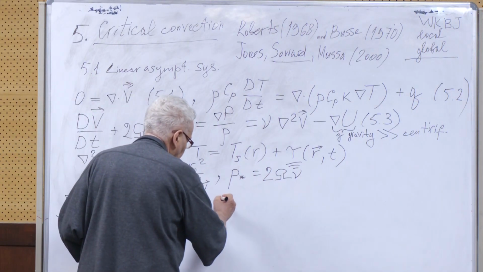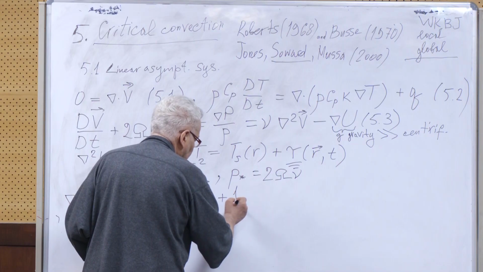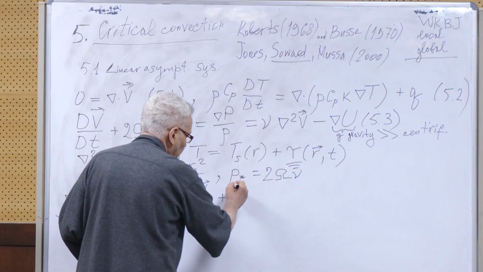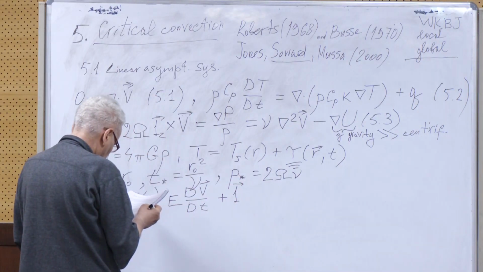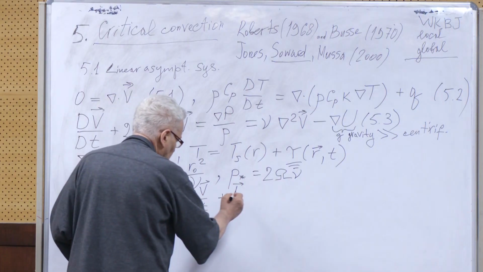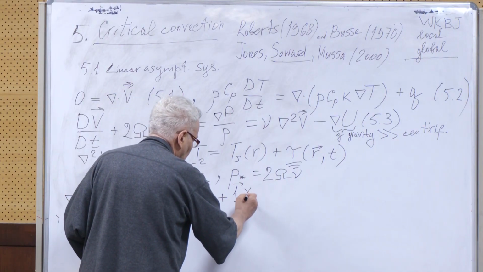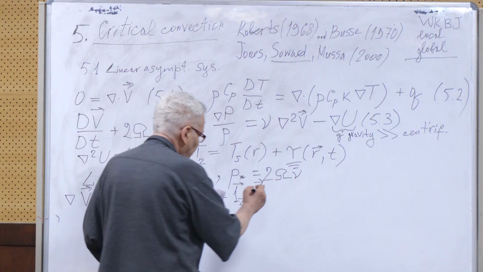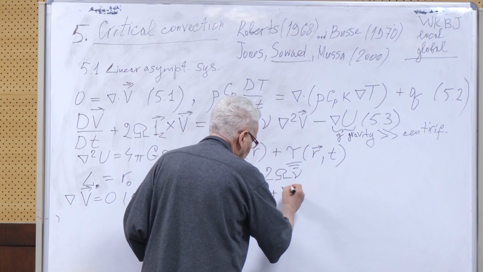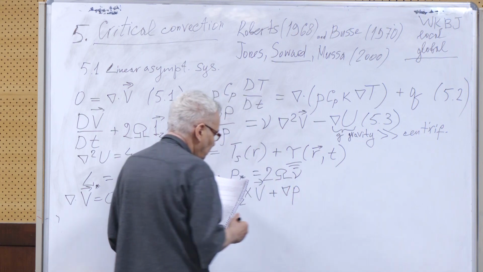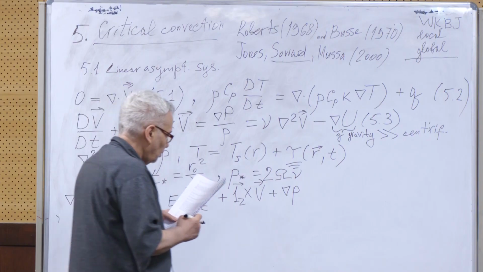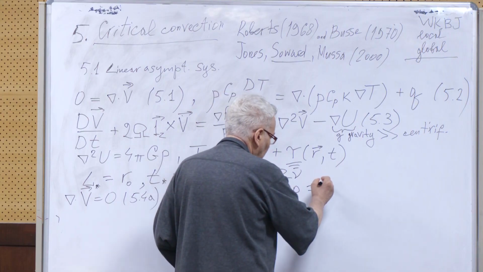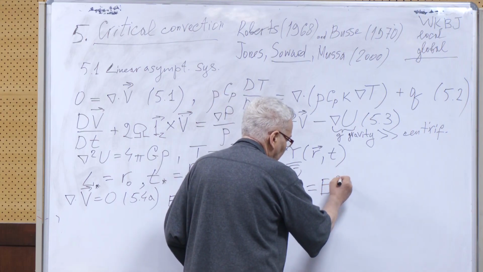There is, of course, the Coriolis term, and because we scaled out omega from this equation, it has a rather simple form. And of course, there is the pressure, again the modified pressure, actually pressure divided by the density. And all that is equal to, again, the Ekman number.